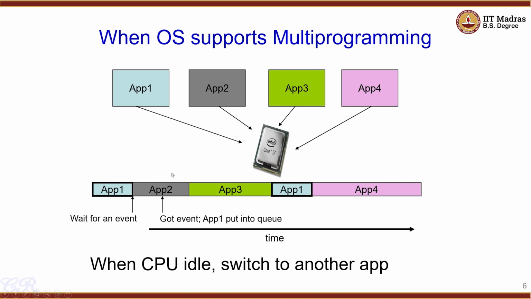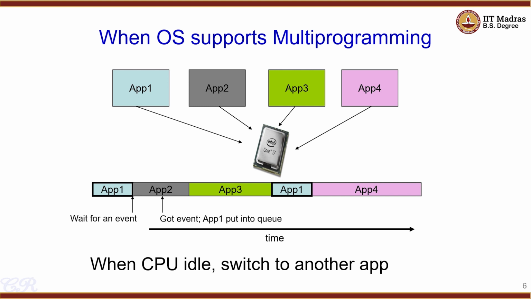So it can now schedule application 2, application 3 and so on. When the event has been obtained, application 1 can continue executing sometime later and complete its execution. So we are not keeping the CPU idle. We are fully utilizing the CPU, and therefore this way of managing the resources is much more efficient than simply waiting for an application to complete executing and then starting the next one.